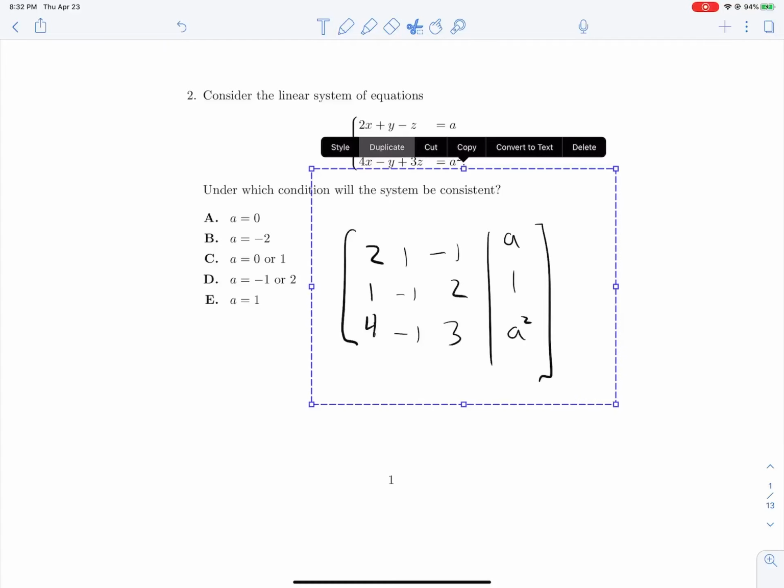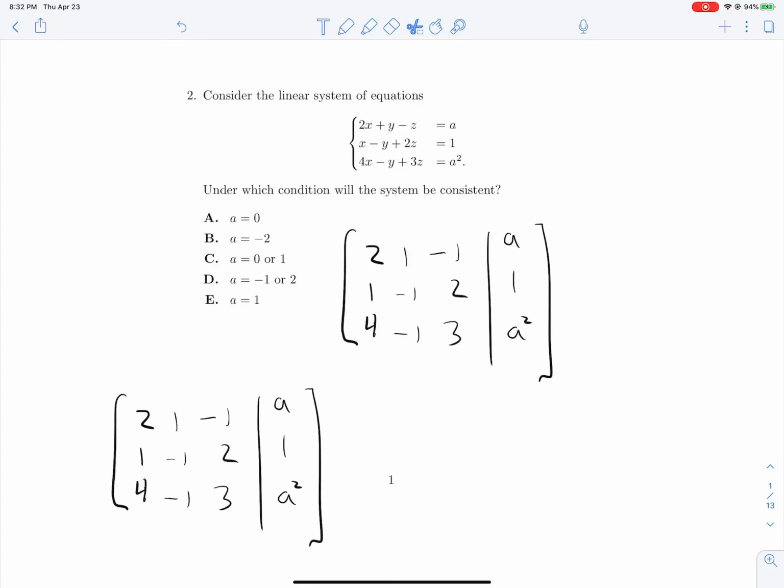I'm going to copy this over, and then what we're going for here is to have two individual rows be equal to the same thing on the left side, and then have some functions of a and constants over here on the right side that we know have to be equal in order for the system to be consistent, so we can set those two terms equal to each other and solve for a.